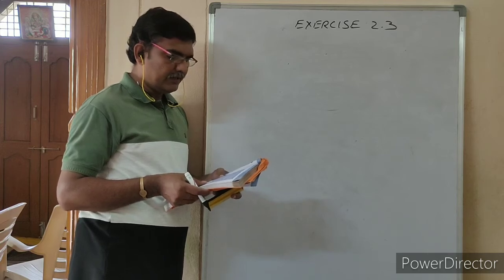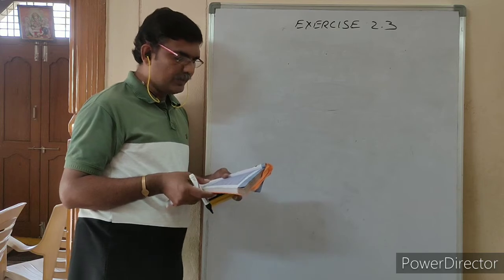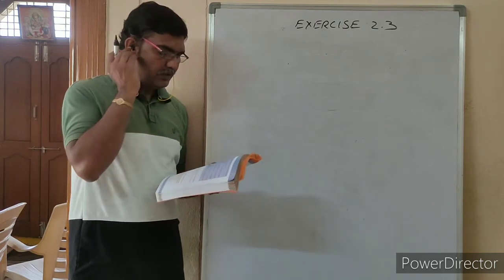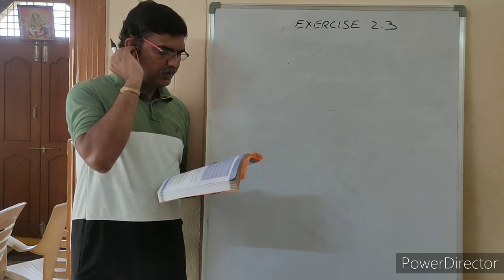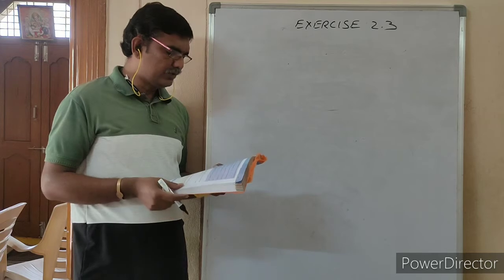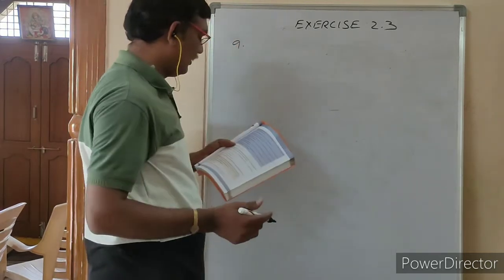Find the remainder when f of x is divided by g of x and verify the result by actual division. This also you can do. And next, eighth question. Find the remainder, verify the result. Eighth question also you can do. Now ninth, last problem in this exercise. Okay.